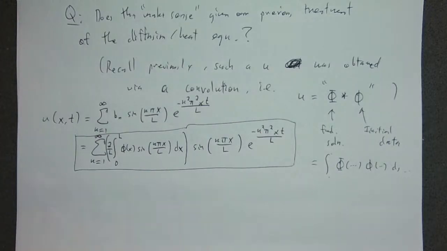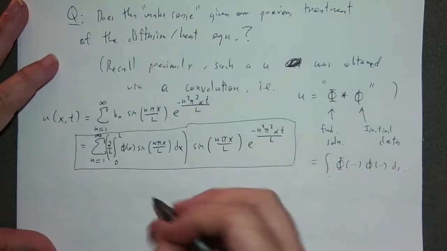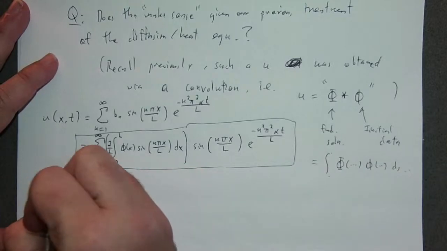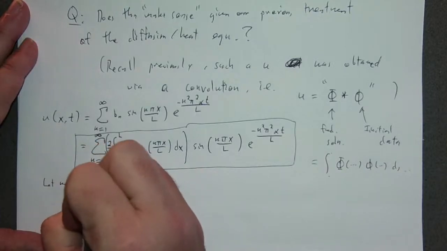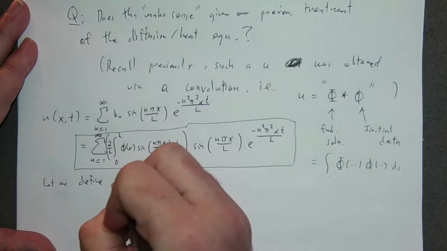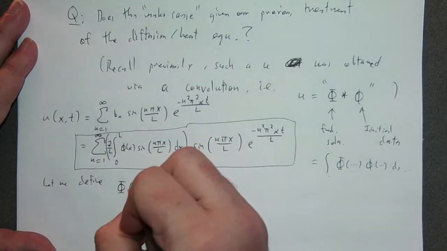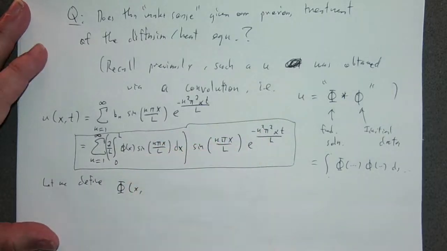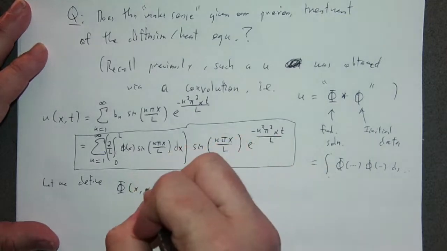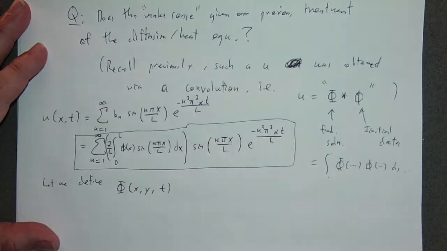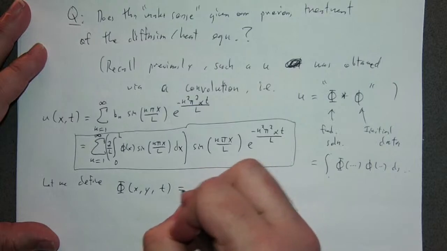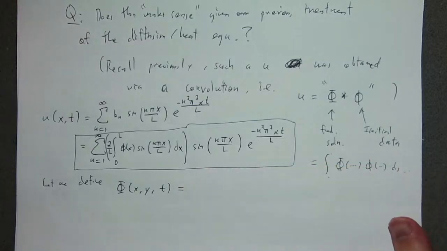Well, if I do this, then let me define, we'll call it big phi of x, y, t.